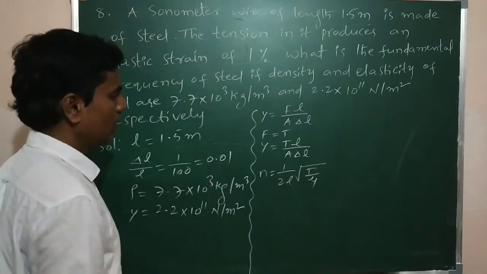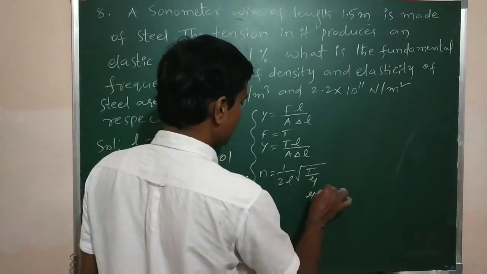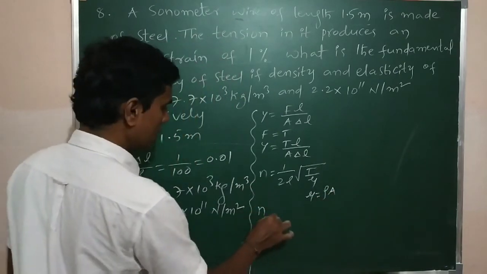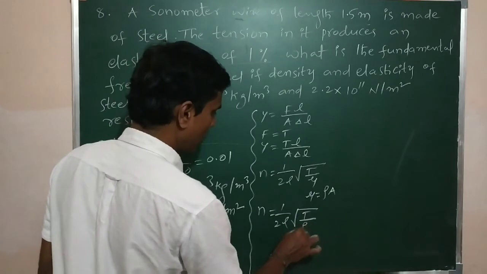Since mu is equal to rho A, n is equal to 1 by 2L under root T by rho A.